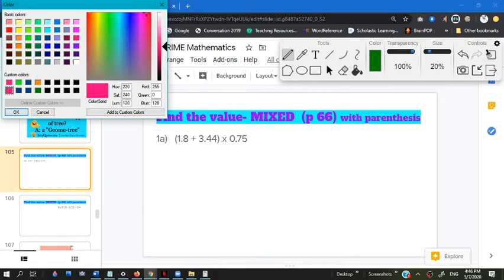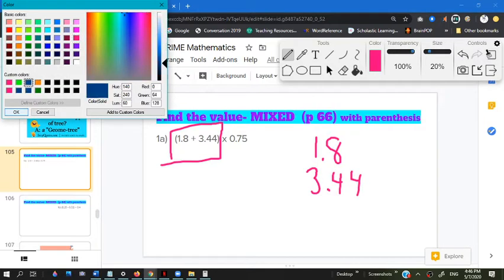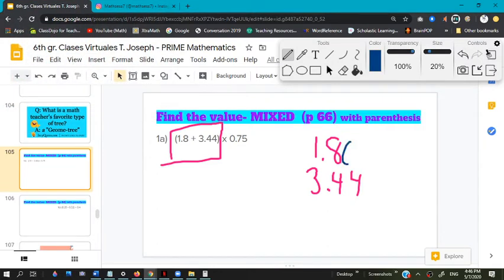Let's do the first one, which is 1.8 plus 3.44. Well, let's do that quickly. 1.8 plus 3.44. I'm going to add a hundredths right next to my tenths column. 4 plus 0 is 4. 8 plus 4 is 12. 1 plus 3 plus 1 is 5.